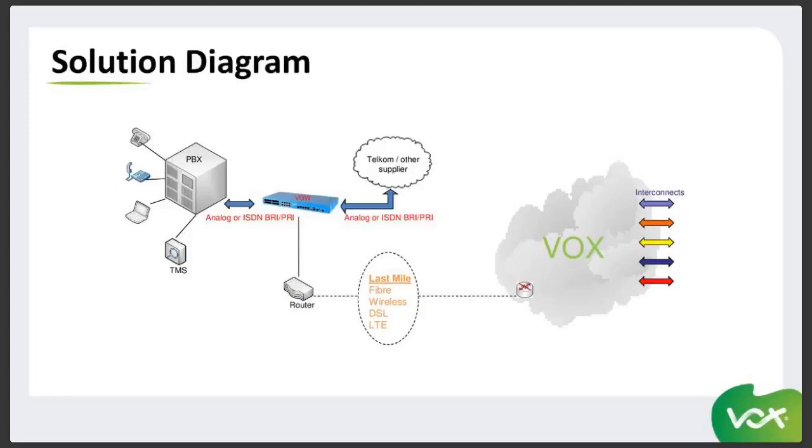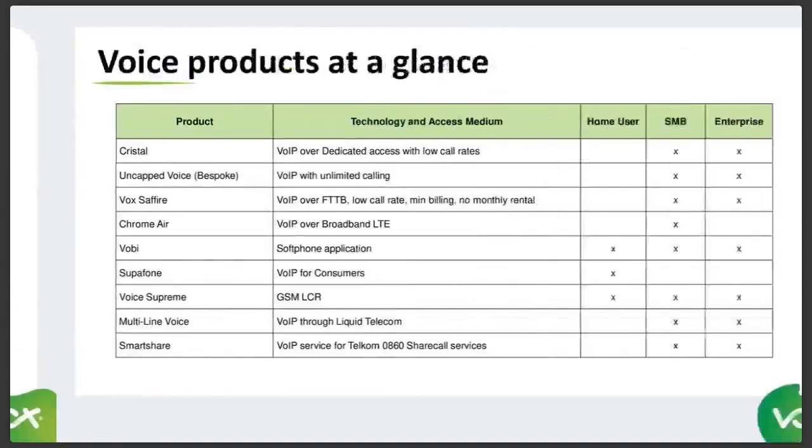But the primary purpose of the gateway is to route calls over the router and over that last mile access medium into Vox for us to terminate the calls through our interconnects. And we have direct SIP interconnects with all of the major licensed operators in SA. So that's just a simple solution diagram and how the voice actually operates.